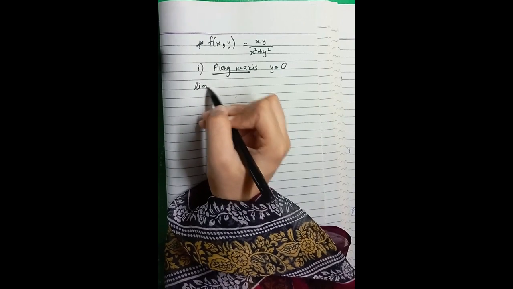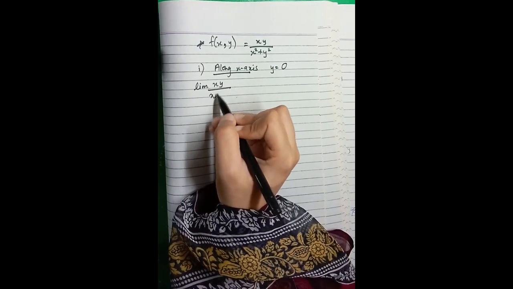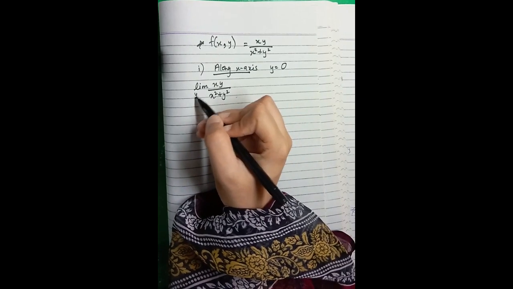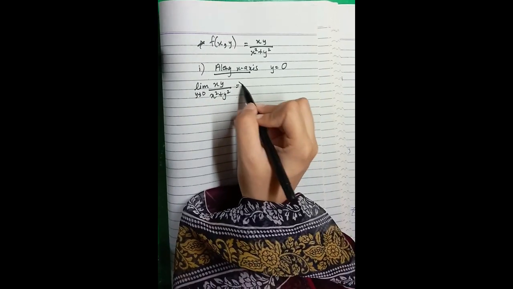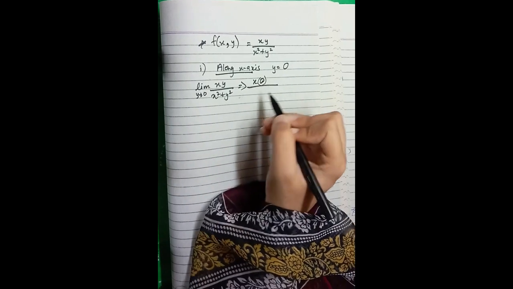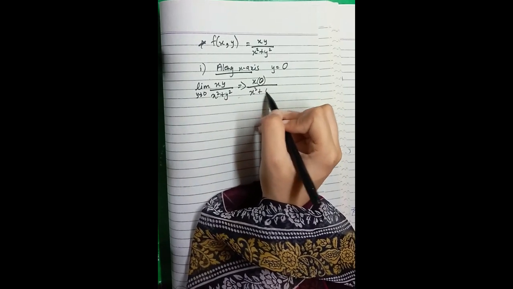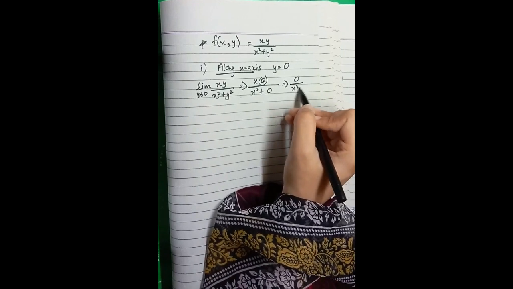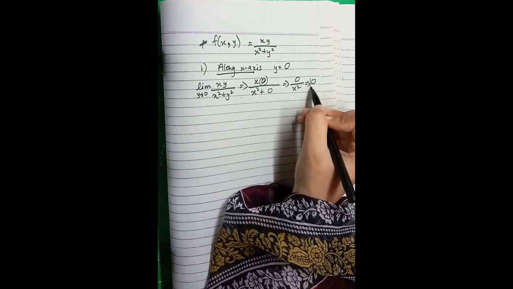So the limit of xy divided by x^2 plus y^2, in which our limit is y approaches 0. So in place of y, we will put 0: 0 divided by x^2 plus 0, which is 0 by x^2, and 0 over something is 0.